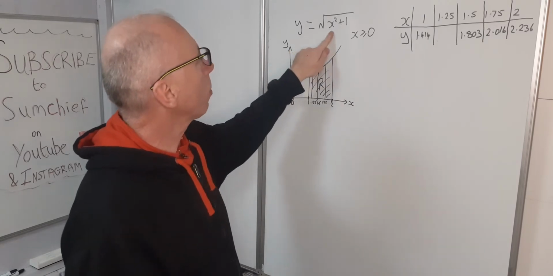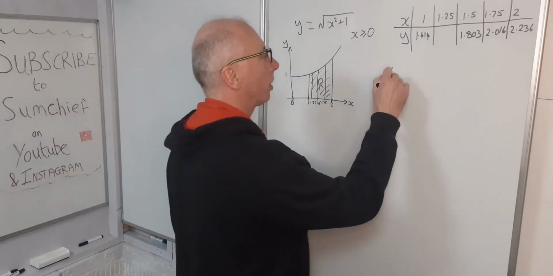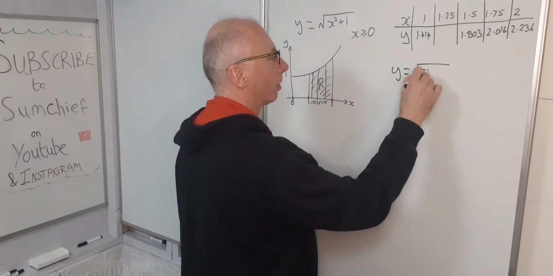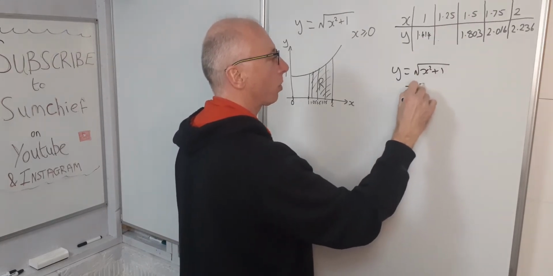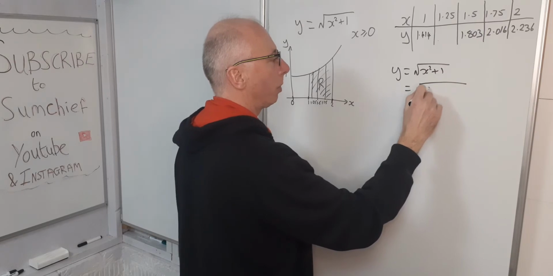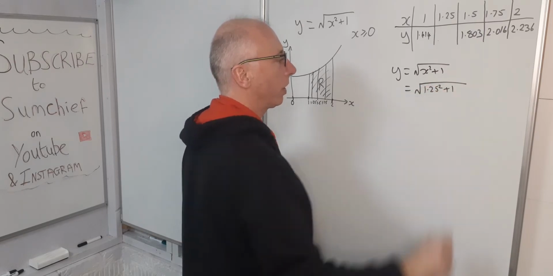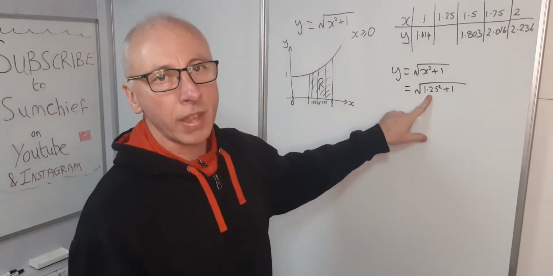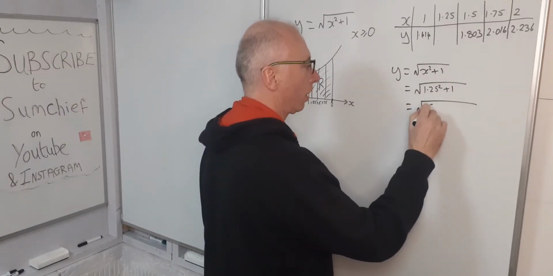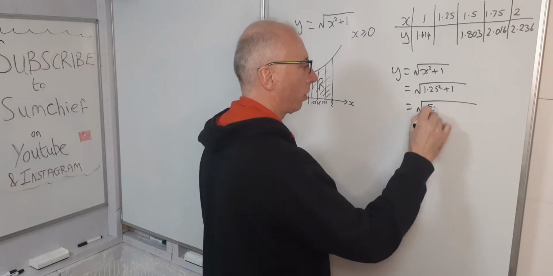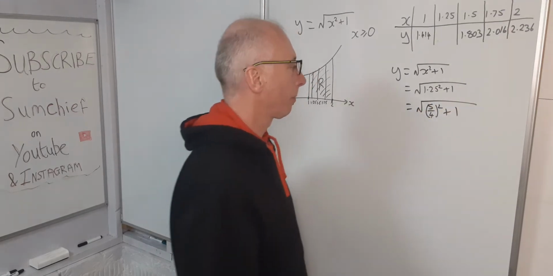Well, y equals square root of x squared plus 1. And our value here is 1.25, so that equals the square root of 1.25 squared plus 1. Allow me to write that as 5 over 4. So it equals the square root of (5 over 4) squared plus 1.